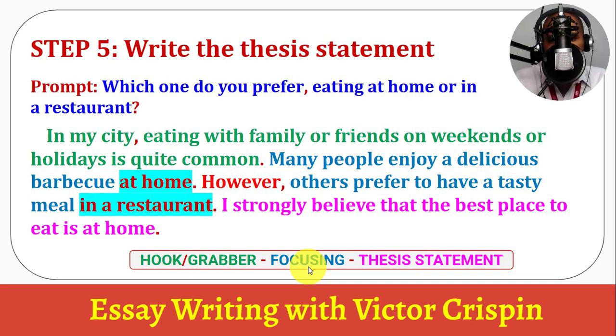Many people enjoy a delicious barbecue at home. However, others prefer to have a tasty meal in a restaurant. Finally, we have the thesis statement that says, I strongly believe that the best place to eat is at home. Well, this will be an example of how to write an introductory paragraph for an argumentative essay.